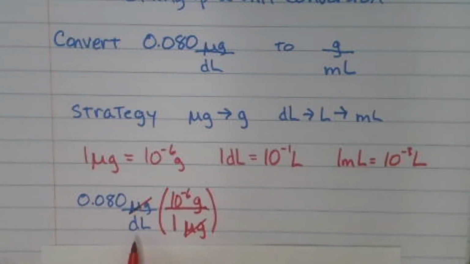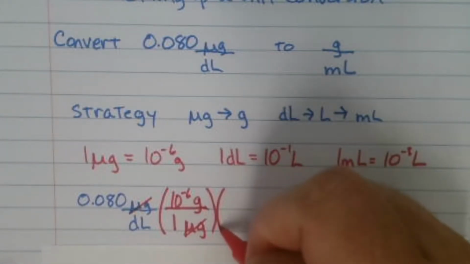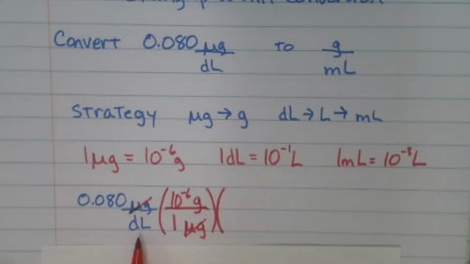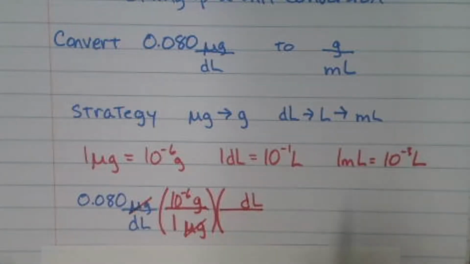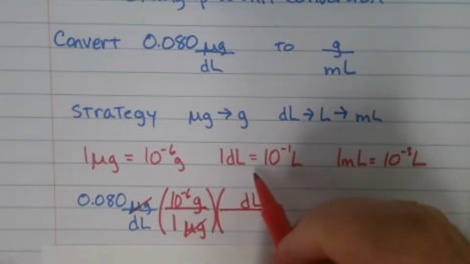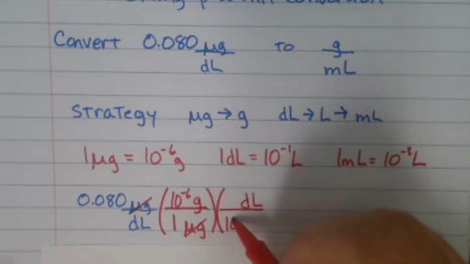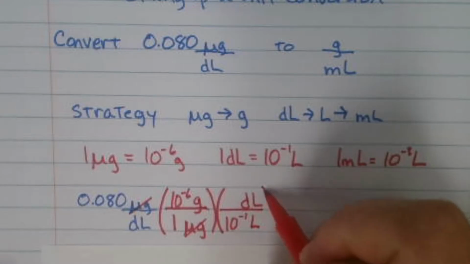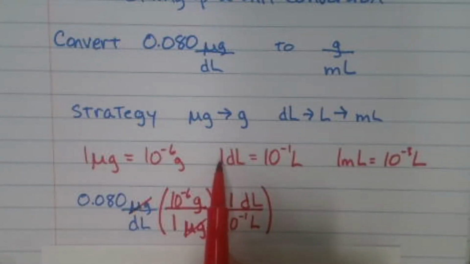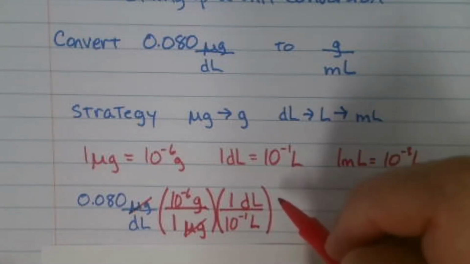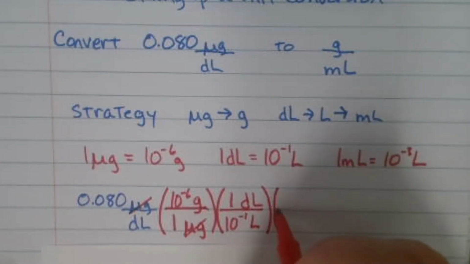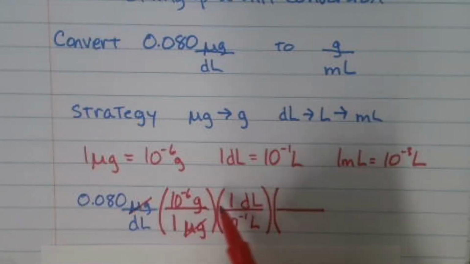Next we have deciliters. And in deciliters, since this is on bottom, we want to put deciliters on top. And that would make liters on bottom. So 1 deciliter on top, 10 to the negative 1 liters on bottom. Your deciliters cancel.